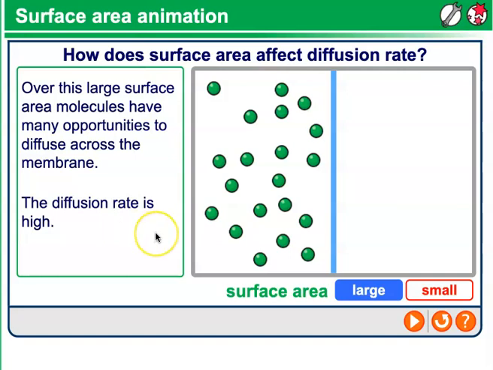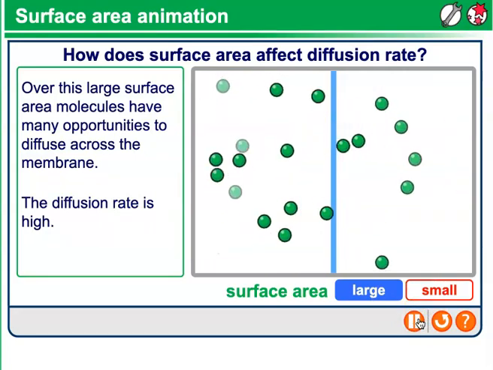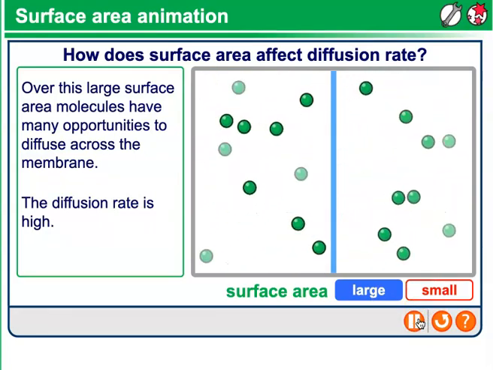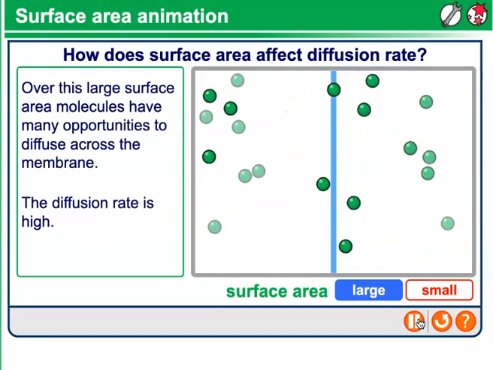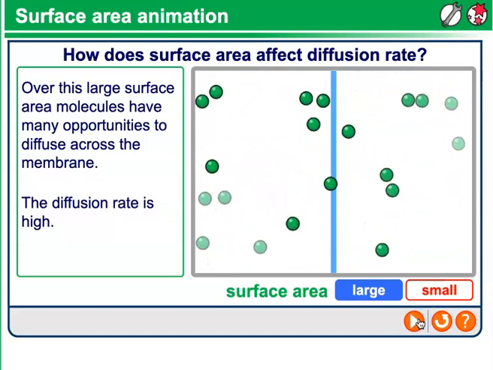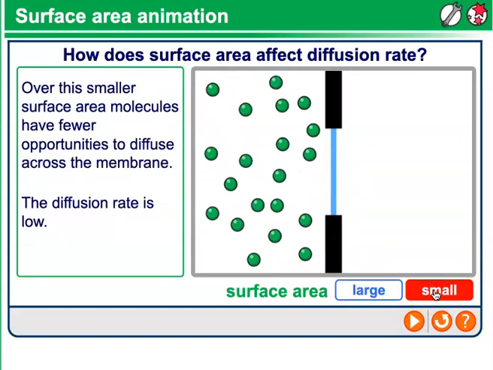The diffusion rate is high. Over this smaller surface area, molecules have fewer opportunities to diffuse across the membrane. Therefore, the diffusion rate is low.